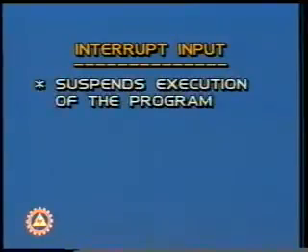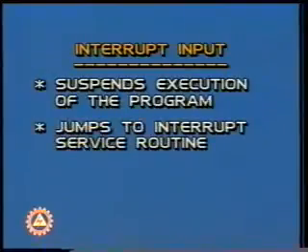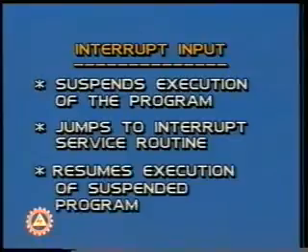Interrupt input is used to suspend the execution of the program after the current instruction cycle and to jump to a program segment known as interrupt service routine. The CPU again resumes the execution of the suspended work.